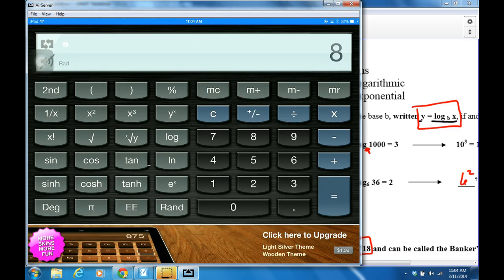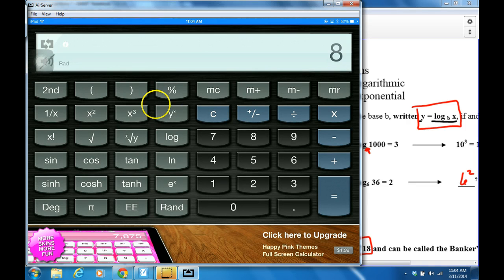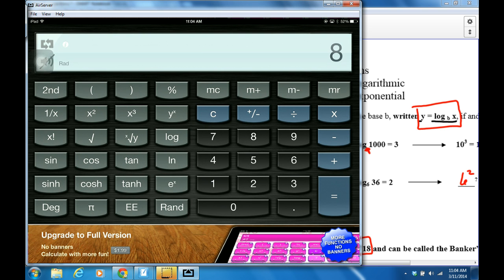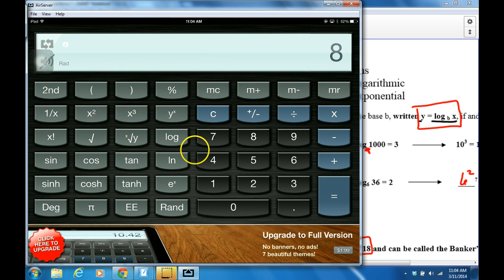One of the things I want to show you on this is that on your phones, if you turn them to their side, where they're the long way, for the calculator, you're going to notice that there are all kinds of buttons here on the left that you can use. Okay? So notice that there's a log button, there's a natural log button, there's an E button, and also at the top there's a Y to the X button.